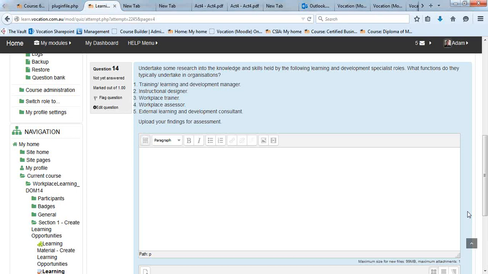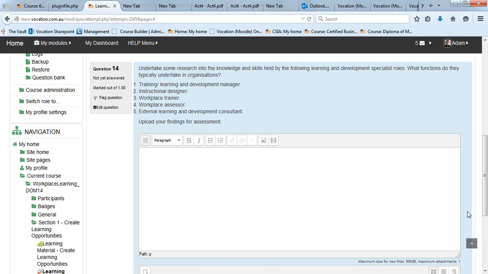If you do a Seek search or have a look at the job descriptions of those particular job titles, you'll see that there are some skills and personal qualities listed there, and the background knowledge required for that. So we want to know what sort of functions they typically undertake. Just give us a bit of an explanation of what their role is in the organisation.